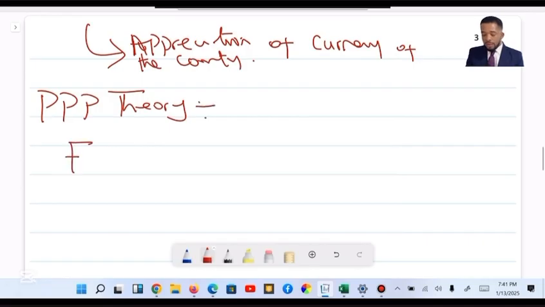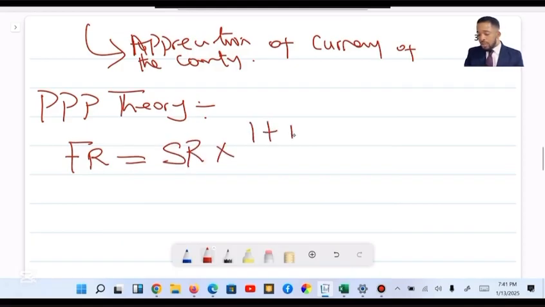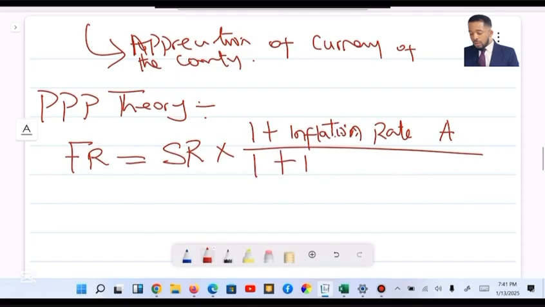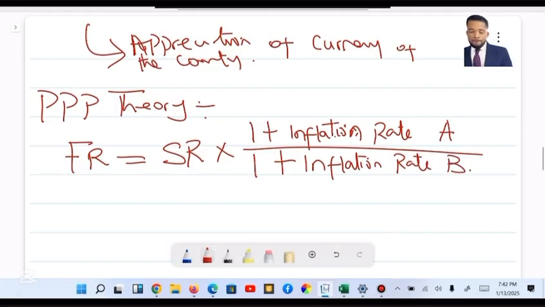Forward rate equals spot rate multiplied by 1 plus inflation rate in country A divided by 1 plus the inflation rate in country B. Simple.